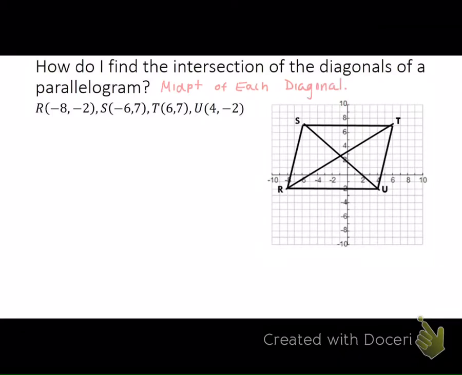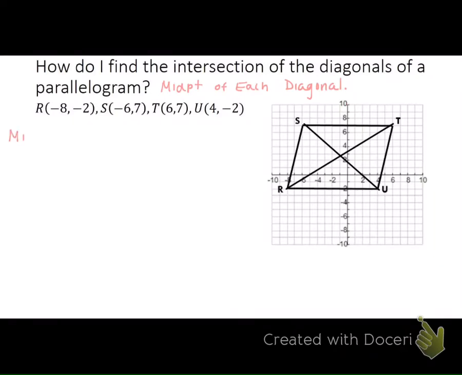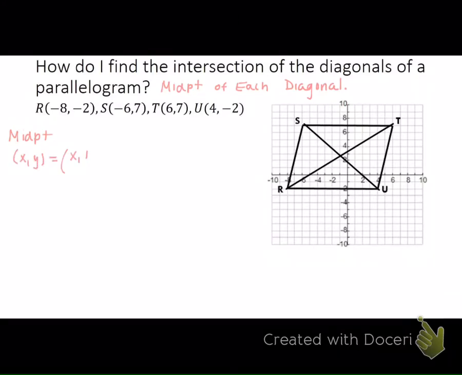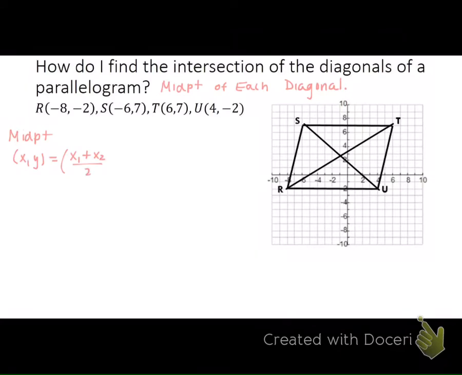Remember, to find the midpoint, you add the x's together and divide by 2, and you add the y's together and divide by 2. So we are going to be doing the midpoint of each diagonal to see where they intersect.